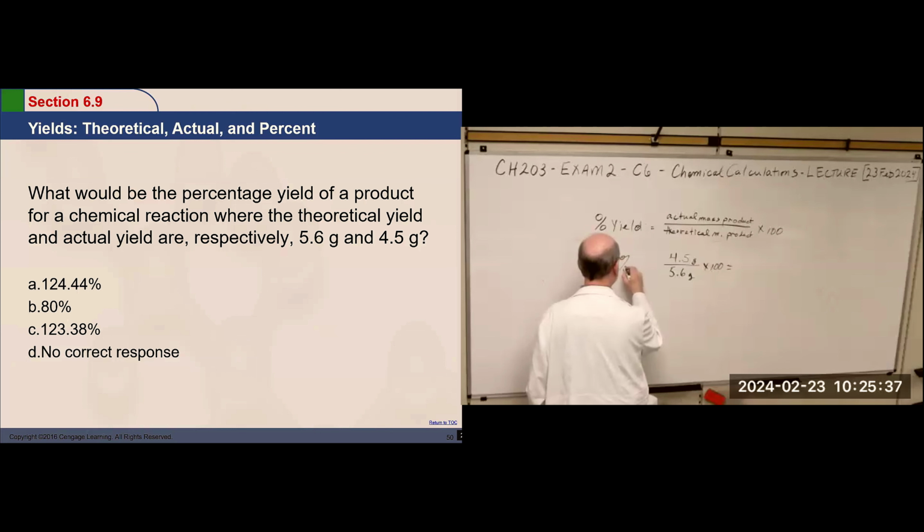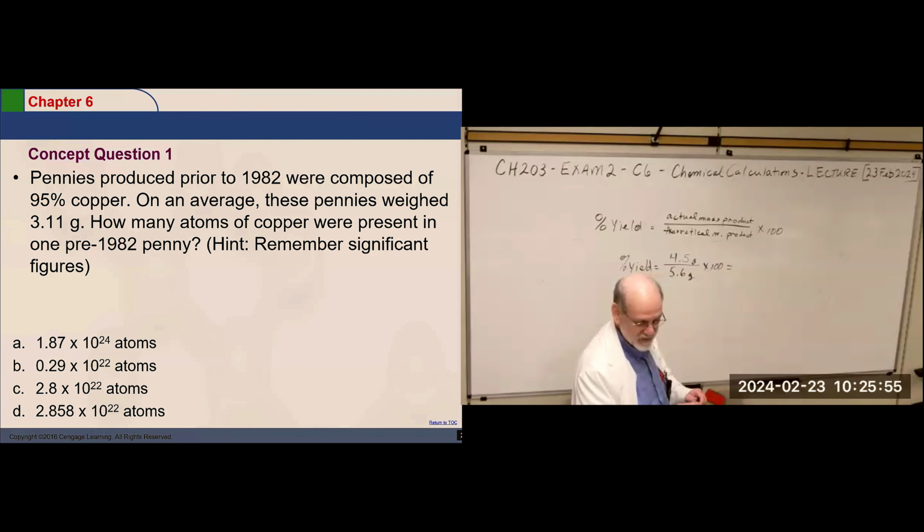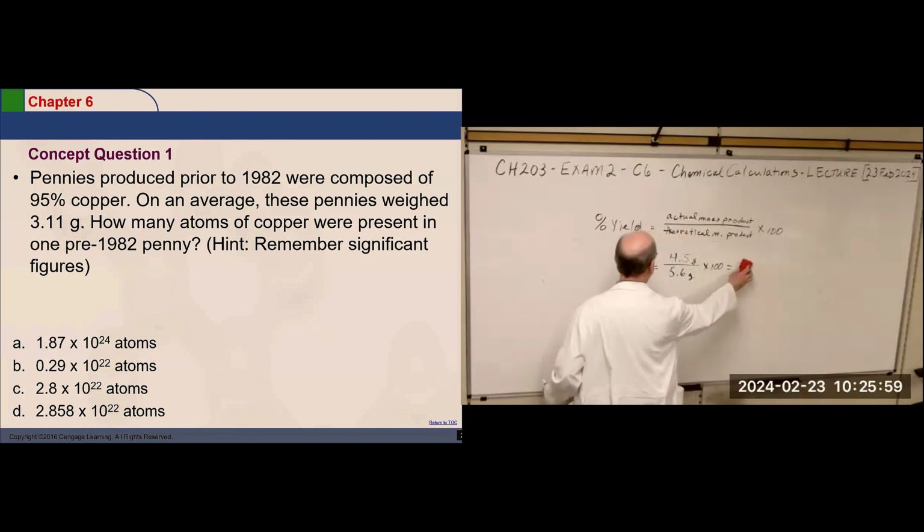That would be the percent yield. And let's see, that's like 80 something? 80? Yeah. 80 is closest there. Okay. Oh, we got 2 concept questions. That means we're at the tail end.